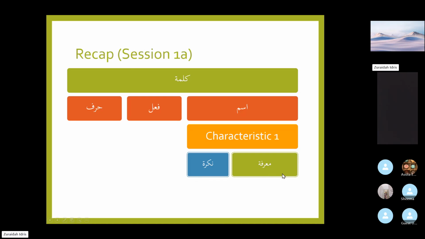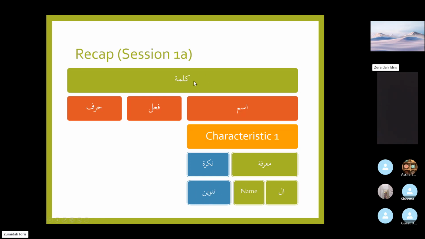If it is ma'rifah, then it should either have alif lam in front of it, the word that means the, or it's a name. If it's a name, you know who the person is because you can call him by name. And the tanwin is when it is nakira, when it's a general thing and you don't know anybody specific. You're just addressing someone in general. Yeah, tanwin. So there we are.